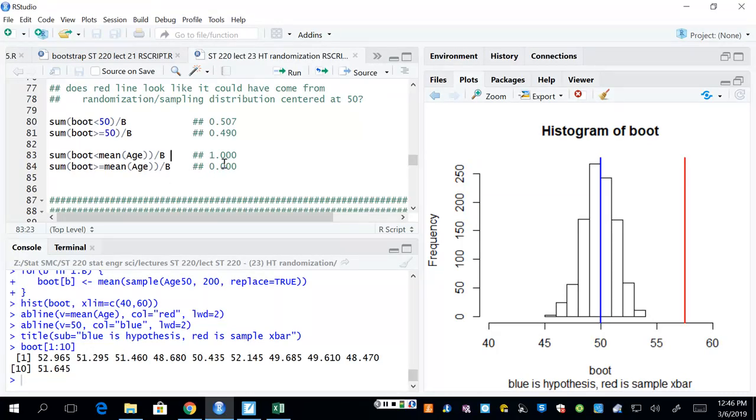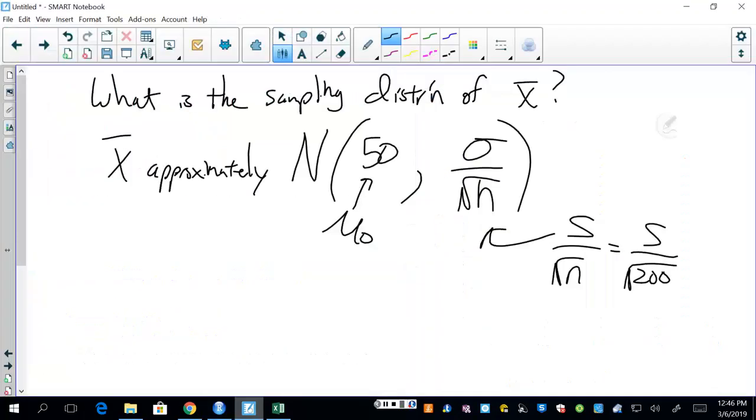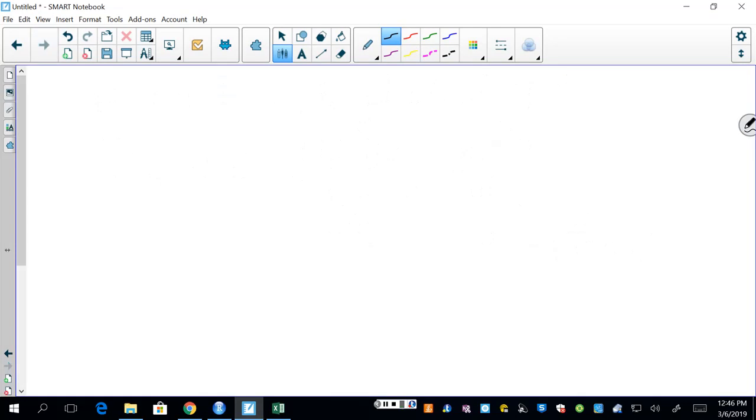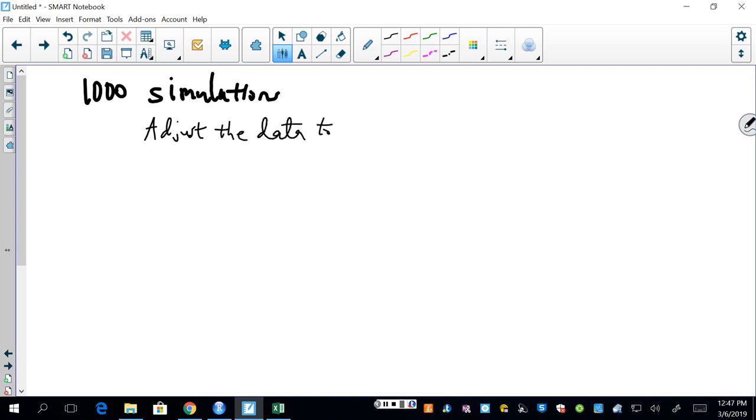So in this simulation we've done it 1,000 times. We've done 1,000 simulations to do this randomization assessment. We adjust the data to be consistent with our null hypothesis of 50.